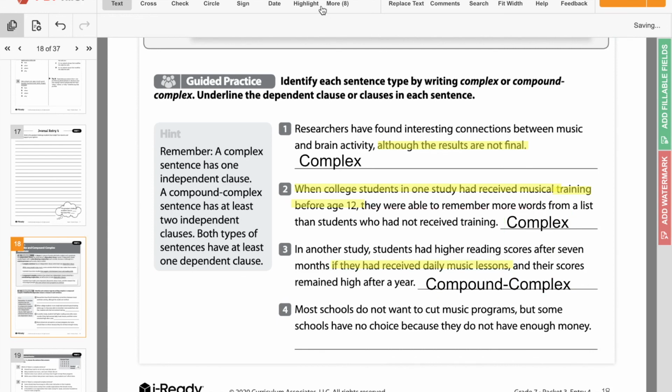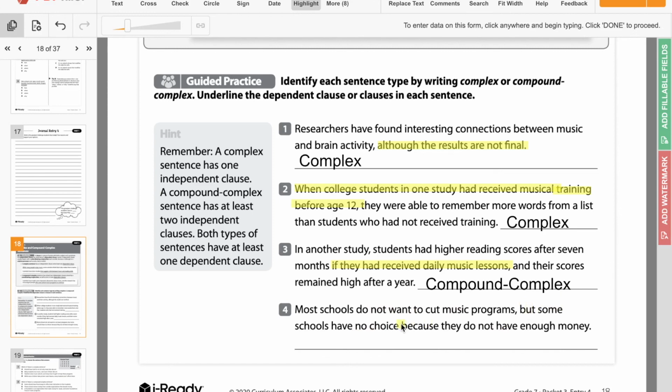Most schools do not want to cut music programs, but some schools had no choice because they do not have enough money. So if we said most schools do not want to cut music programs, does that make sense on its own? Yes. If we said some schools have no choice, does that make sense on its own? Yes. Again, we have two independent clauses joined by a coordinating conjunction.